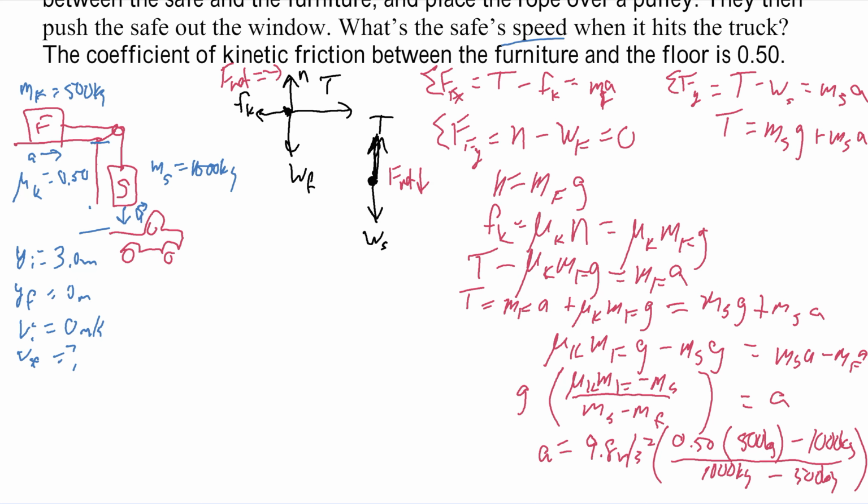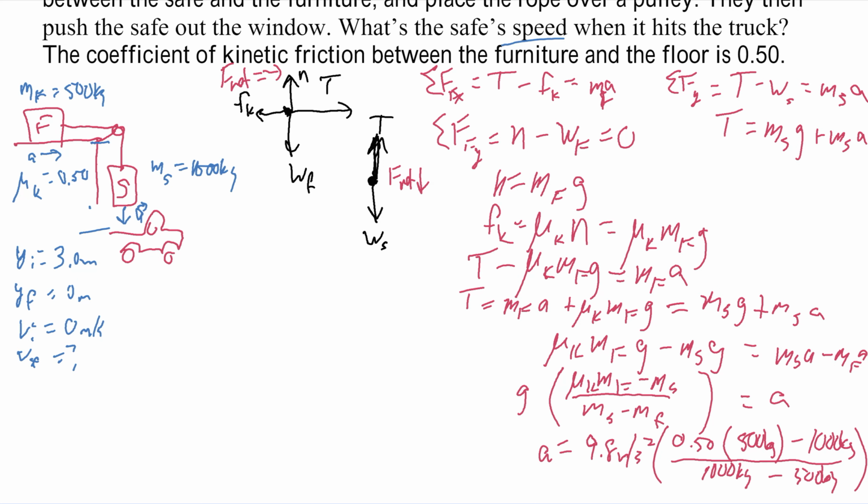So that would be 500 on the bottom. Half of 500 is 250 minus, so negative 750 divided by 500. What is that? 3 halves? Yeah. So negative 3 halves times 9.8.